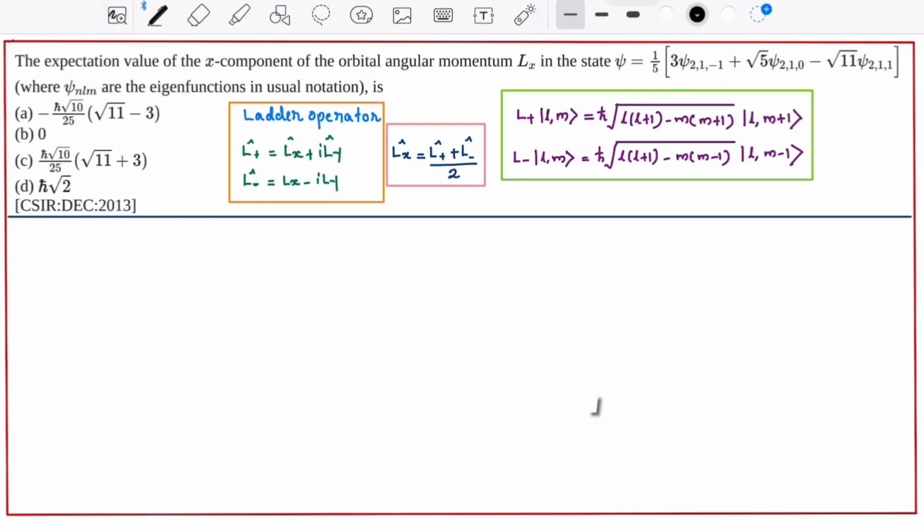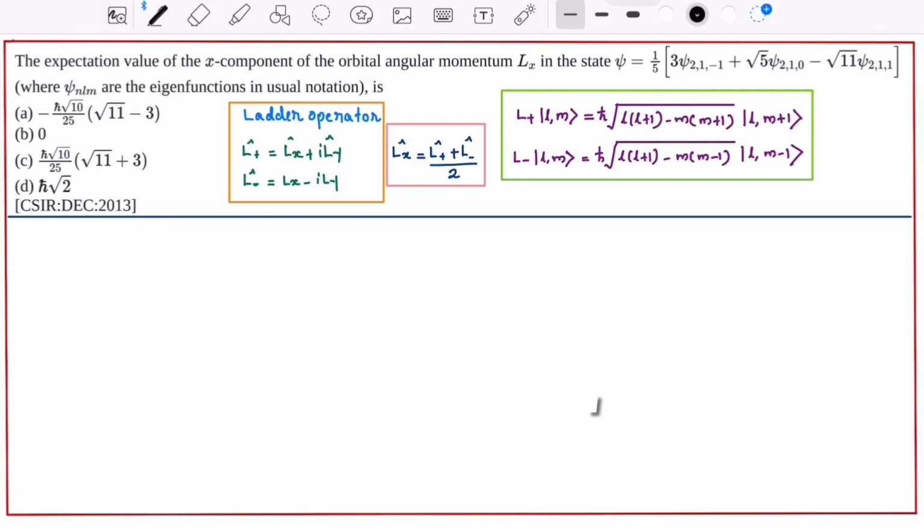And when L minus operates on lm, you will get h bar root of l into l plus 1 minus m into m minus 1 times l, m minus 1. That is, when L plus operates on lm, you will get a new state l, m plus 1, and when L minus operates on lm, you will get a new state l, m minus 1.